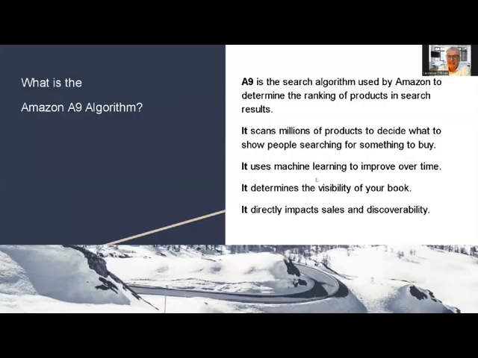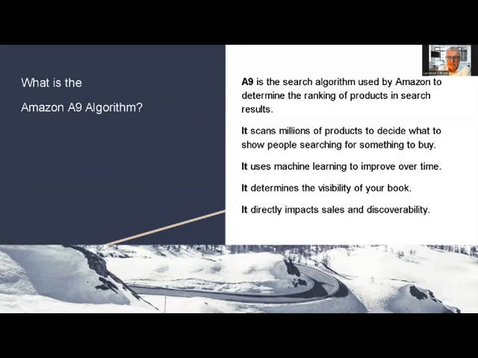So the A9 algorithm is the search algorithm used by Amazon to determine the ranking of products in search results. When you search for something in Amazon, the A9 algorithm is that process at the back of the Amazon service, which determines what products, what books get listed when you search for something.